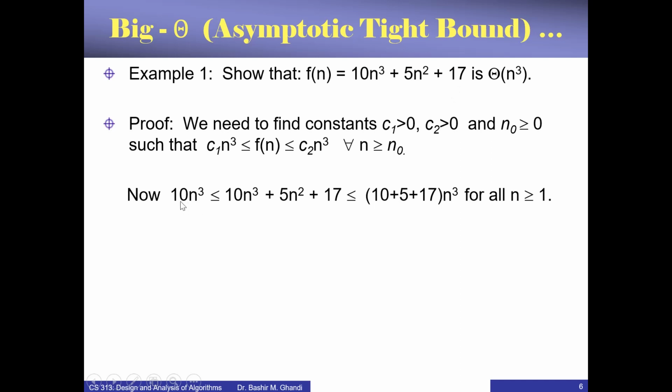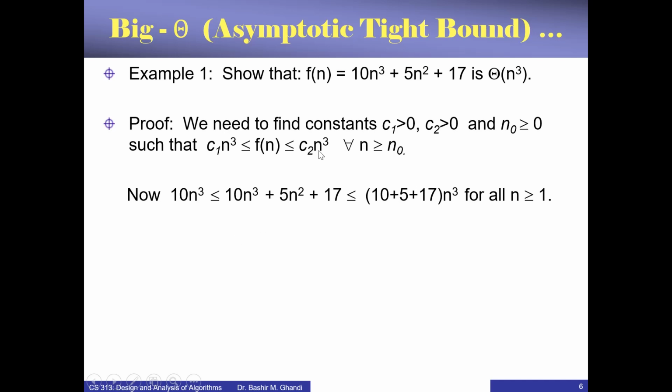So therefore we can say 10n cubed is less than or equal to 10n cubed plus 5n squared plus 17. Why are we putting it in this form? Because then it will allow us to find our C1. Remember the definition says some constant C1 times n cubed is less than or equal to Fn. Well, it means we are already able to find C1, because definitely 10n cubed will be less than the function itself without removing 5n squared plus 17.